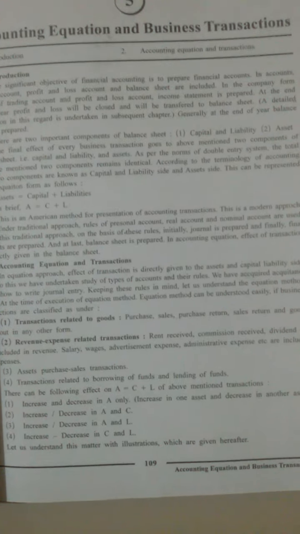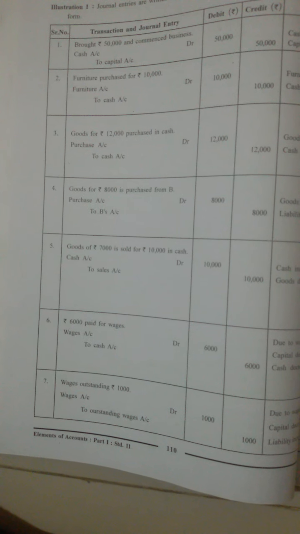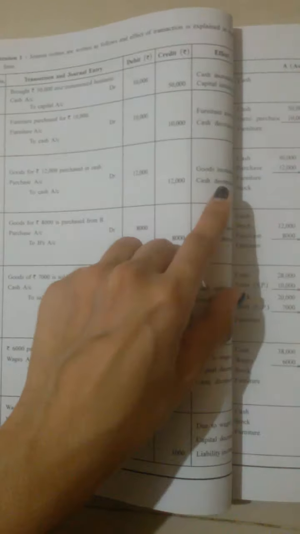Now the next transaction is goods for rupees 12,000 was purchased in cash. So here goods is purchased for cash. Goods is coming into the business, therefore purchase account would be debited and cash account will be credited. What would be the effect? Goods is increasing and cash is decreasing because cash is going out of business.